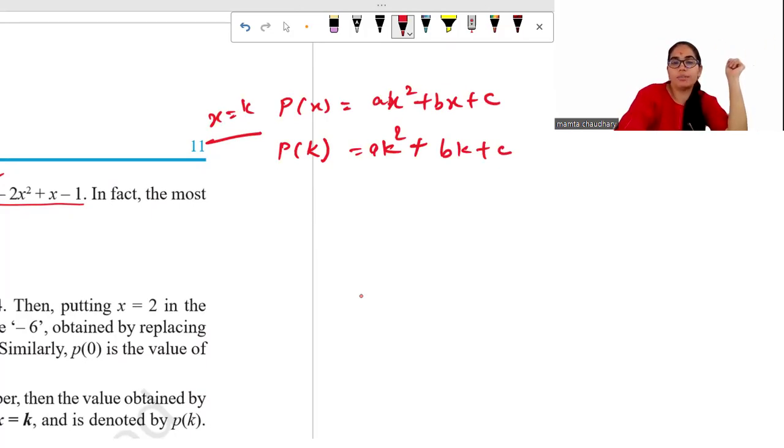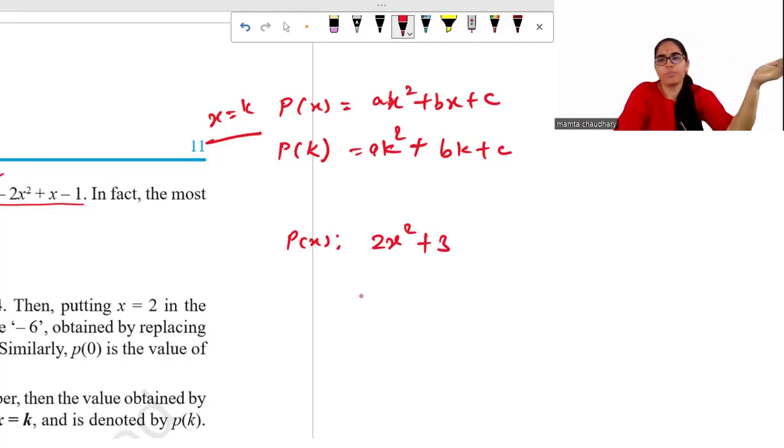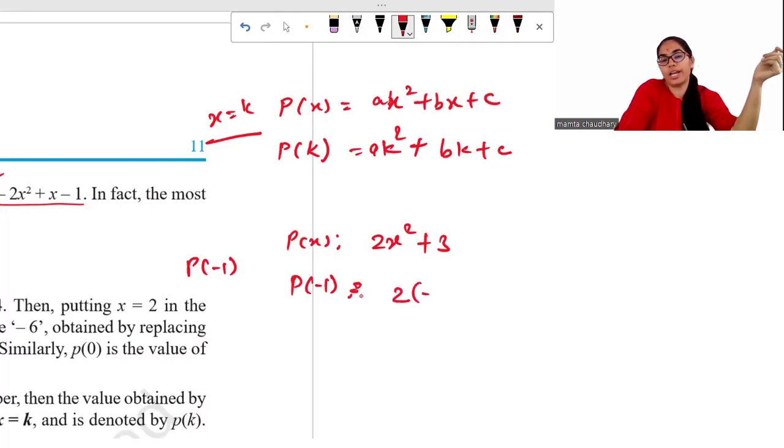Let's take one example here. P of x, one polynomial I am writing in x, is 2x square plus 3. Now you need to find the value of p of minus 1. So here instead of x, I will write minus 1. So 2x square means 2 times minus 1 whole square, plus 3.